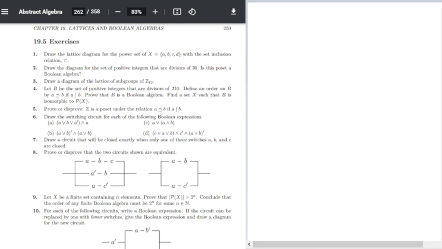Right, anyways. Draw a diagram of the lattice of subgroups of Z sub 12. Sure. So we have Z sub 12.